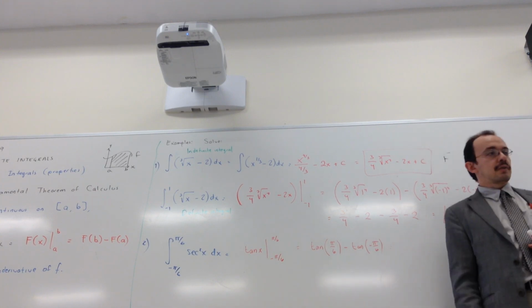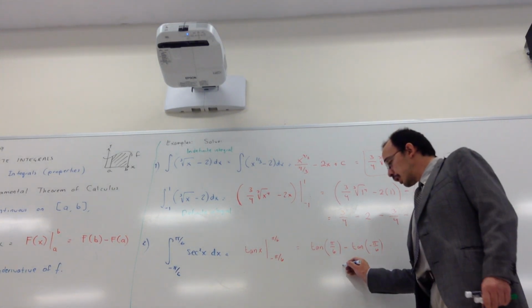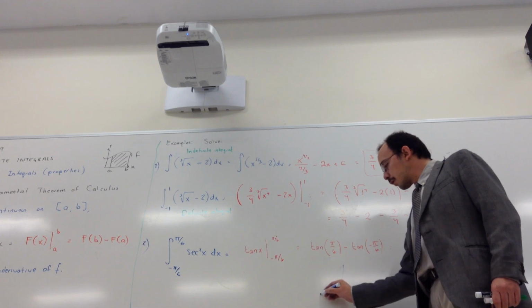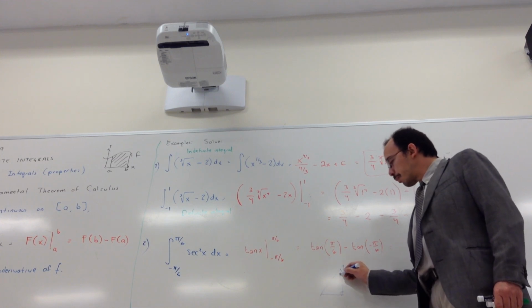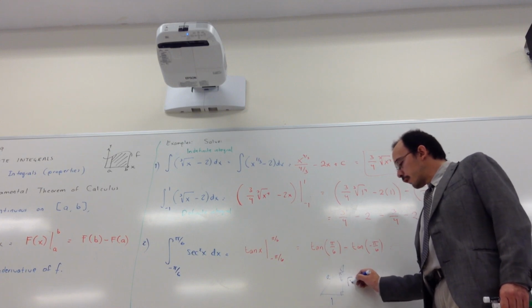What would be the value? The exact value, no decimals. So, no calculators. What would be the answer? Tangent of pi over 6, remember how to get it? Using the triangles, the special triangle of pi over 6, which is 1, 2, square root of 3.